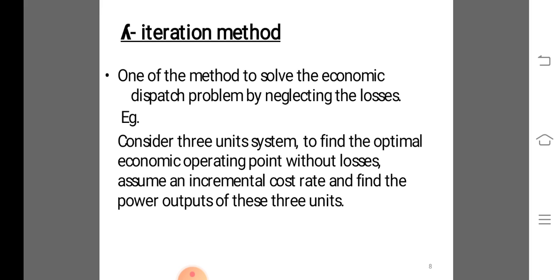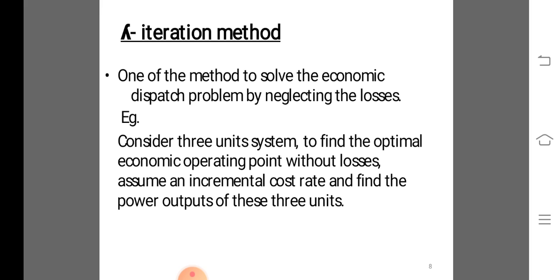In order to establish the operating points of each of these three units such that we have minimum cost and at the same time satisfy the specified demand, we could use the sketch and a ruler to find the solution.